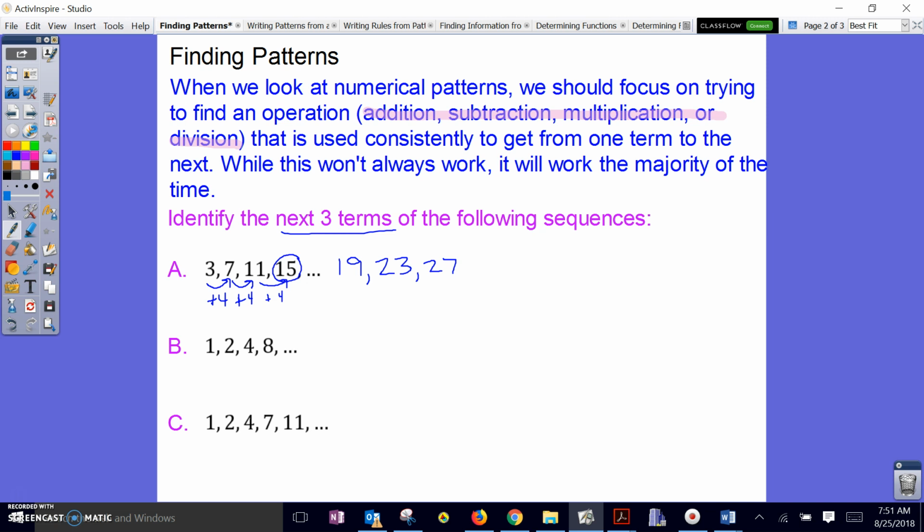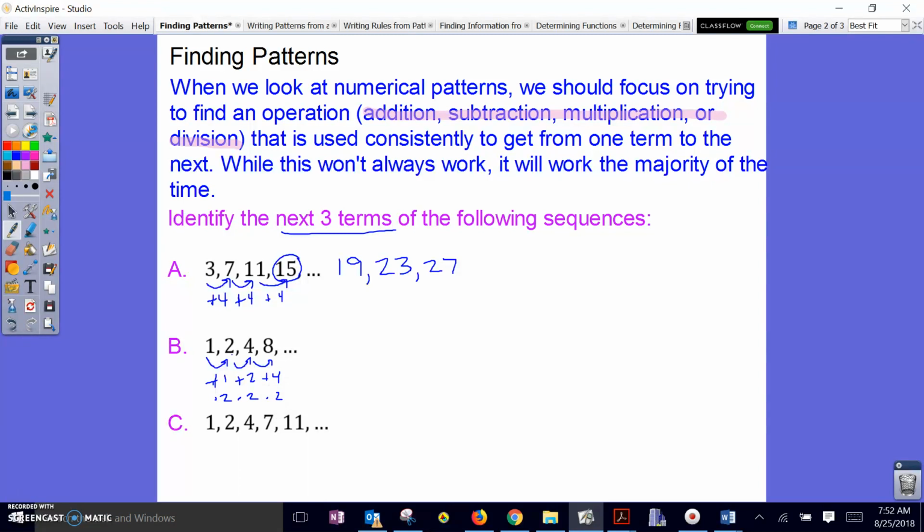Alright, and then I look at B. Let's see, if I add 1, then I add 2, then I add 4. Doesn't really look like I have a good pattern going on there. So let's consider multiplying instead. If I go from 1 to 2, I'm multiplying by 2, 2 to 4, I'm multiplying by 2, 4 to 8, I'm multiplying by 2.